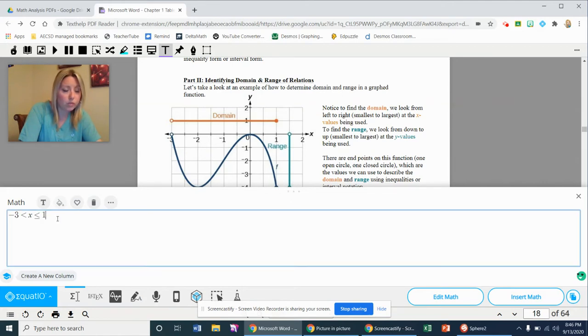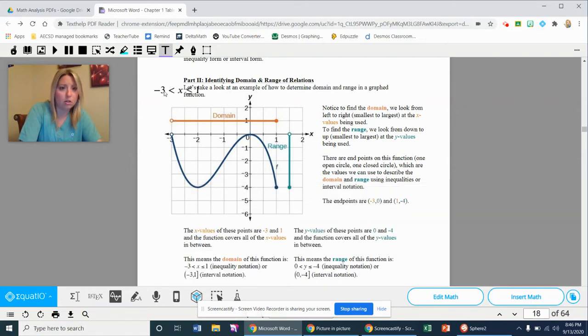Okay. So now I'm just going to insert that into here. There we go. And that's your domain. Now your range is a little bit harder to read sometimes because, as English speakers, we're reading left to right.